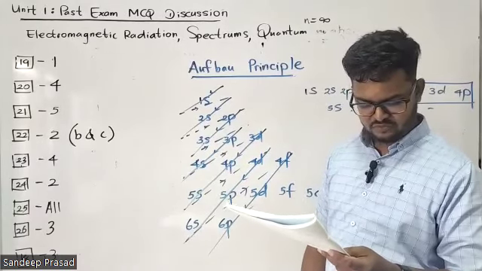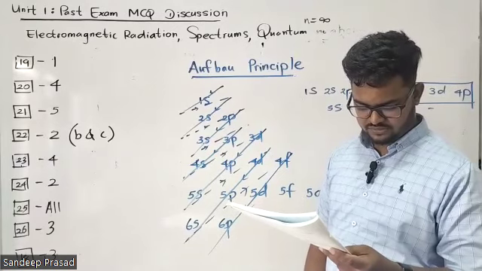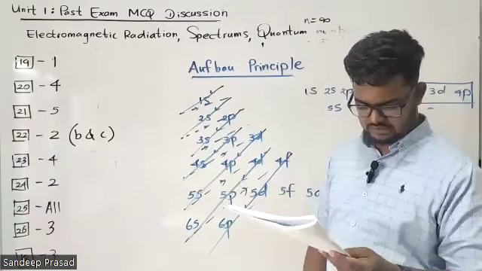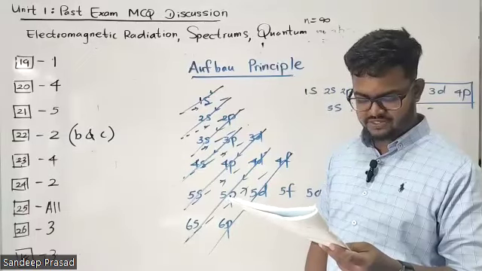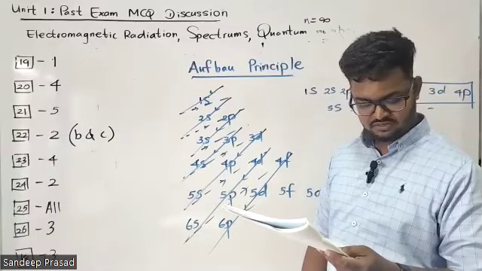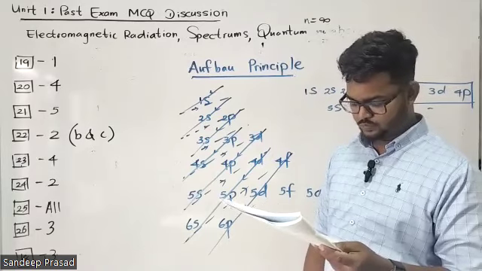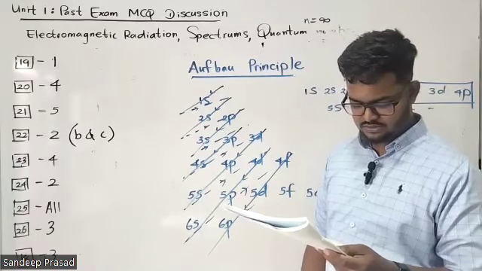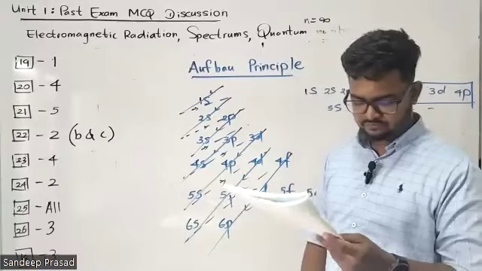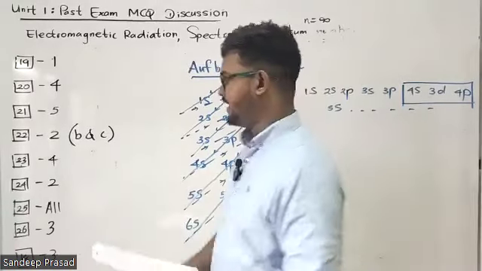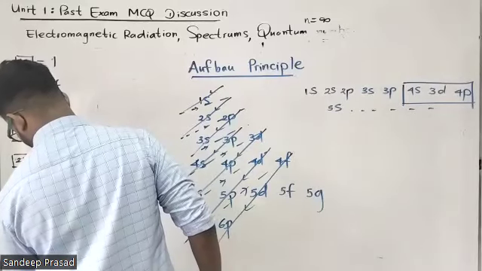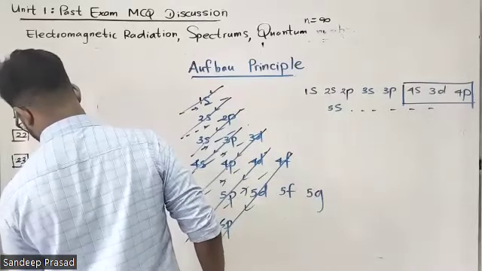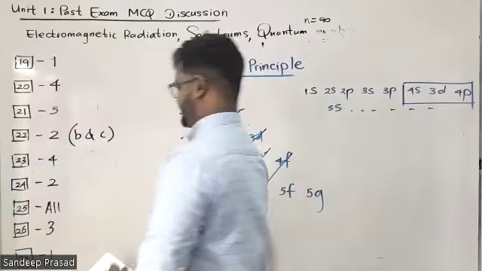The second one is wrong because the arrangement should be different, since the gap decreases in the other direction. The third one is also wrong. The fourth one is wrong anyway. The correct one should be the first one. Question number 27, the answer is the first one. That's very easy. By looking at the diagrams that I taught you, you can get the answers.